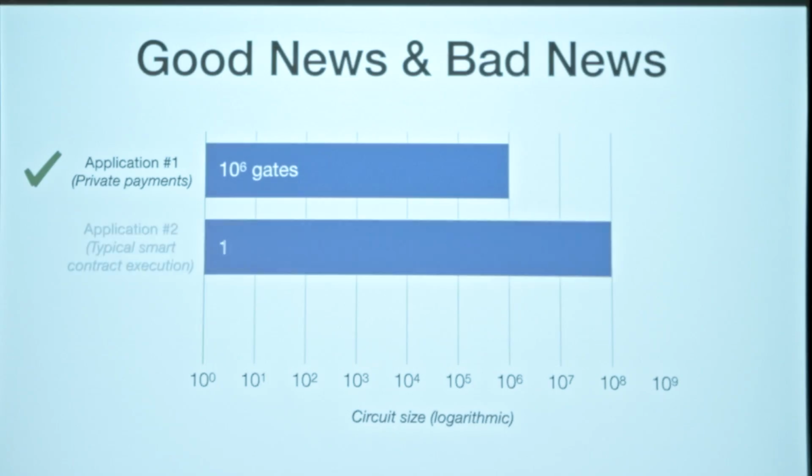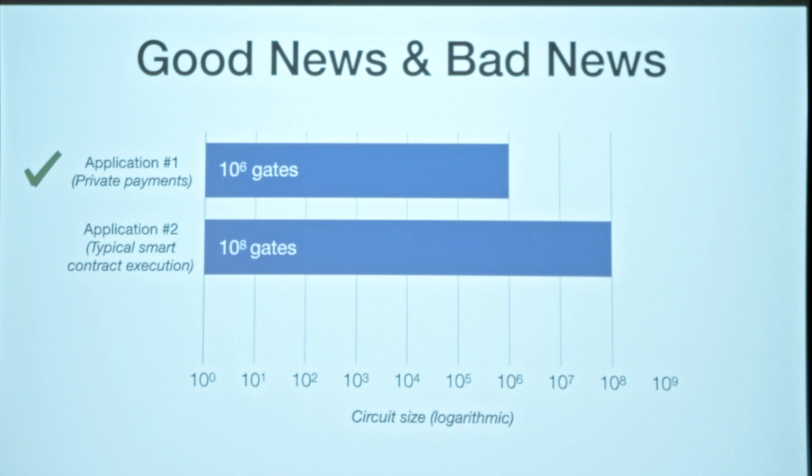And this is great. It's actually very practical, and this is why you see things like Zcash in deployment today. Now, if we look at a typical smart contract execution, and we try to map it into the circuit world, we find that the actual cost of these things is around 100 million gates.